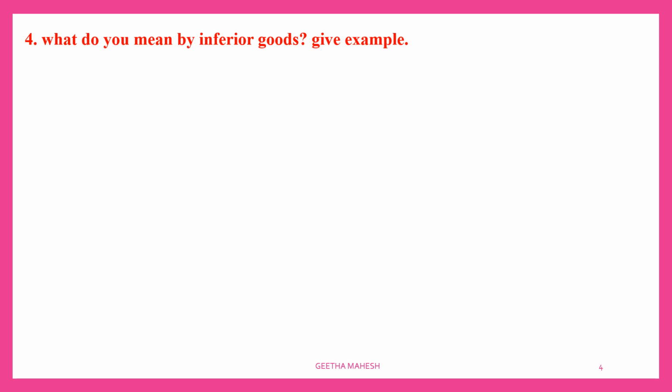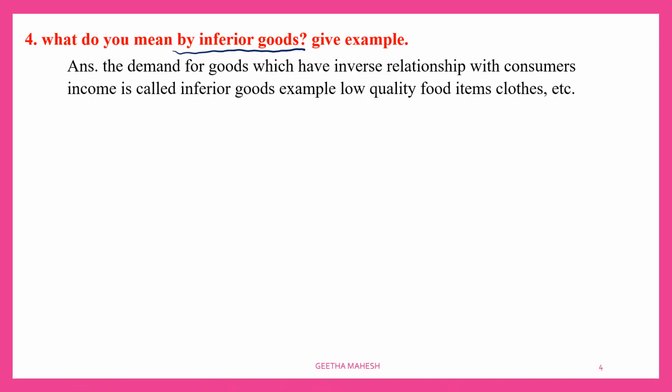What do you mean by inferior goods? Give example. The demand for goods which have an inverse relation with a consumer's income are called inferior goods. So demand for goods which has an inverse relationship, that means demand for goods will decrease when the income of a consumer increases.